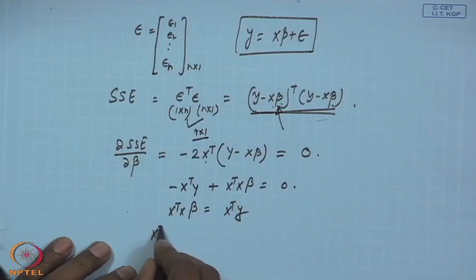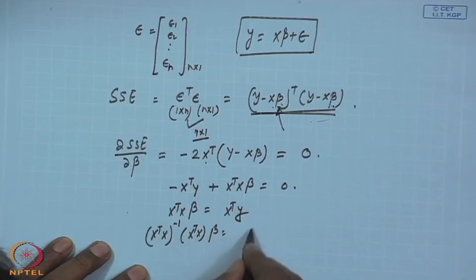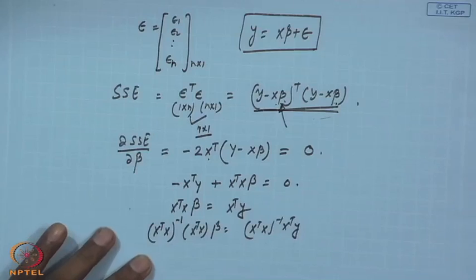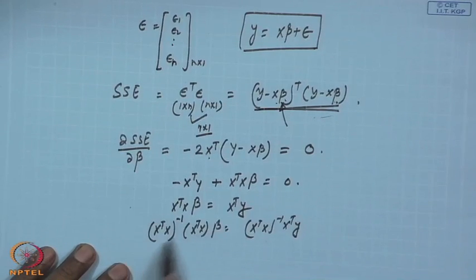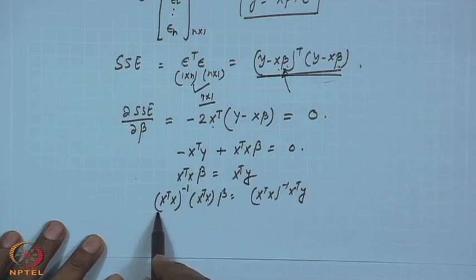If I multiply both sides by the inverse of x transpose x, then what will happen? I multiplied x transpose x inverse on both sides. Now, x transpose x inverse times x transpose x.